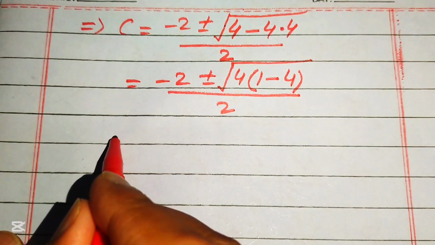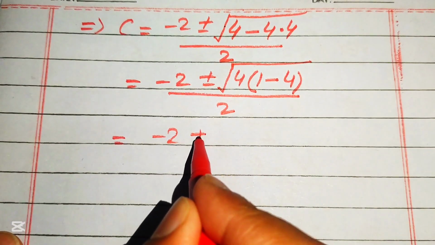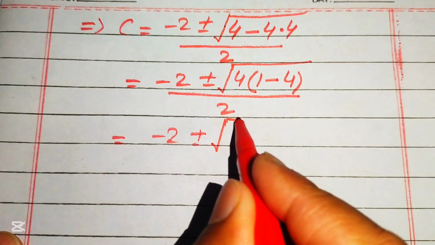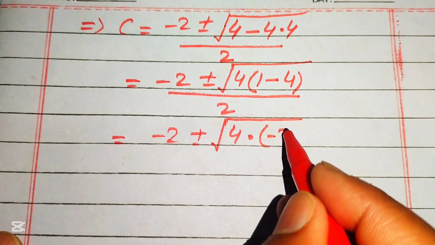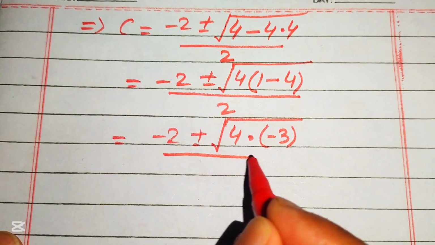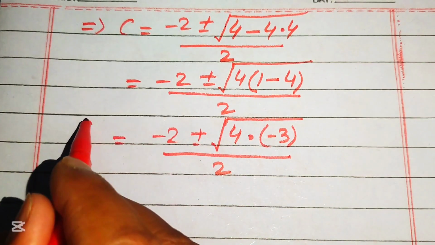So in the next step, this is −2 ± √(4 × (1 − 4)), which equals −3, divided by 2.